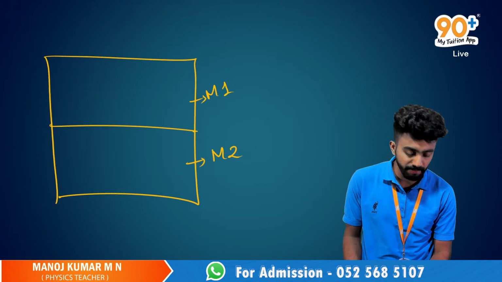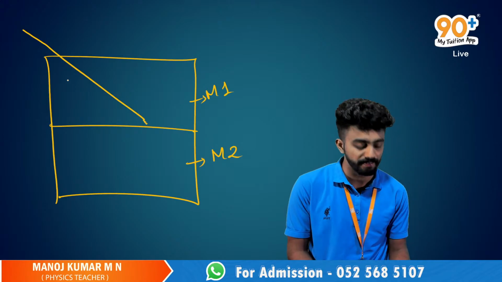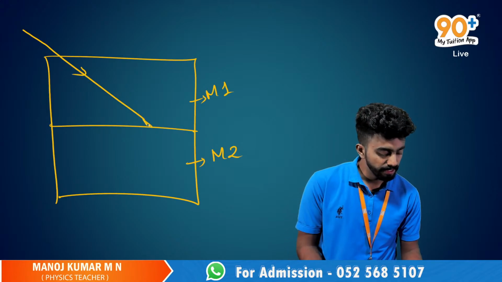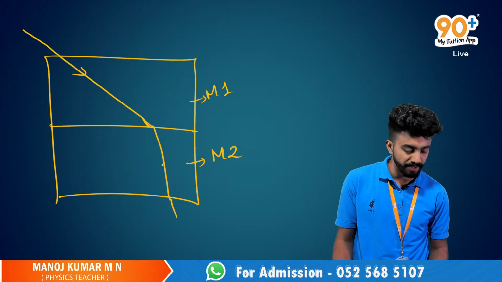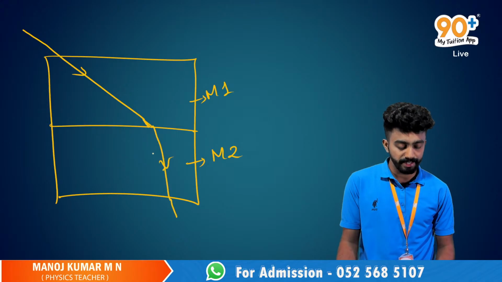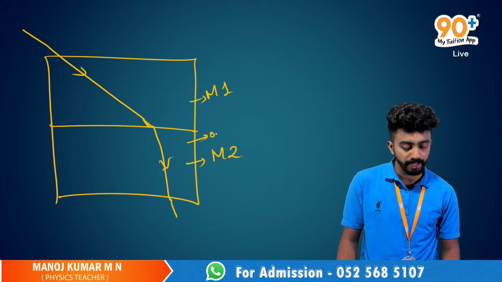So the speed of light will not be disturbed by any means, and it will be traveling easily. And at a particular point, it undergoes a particular deviation, because of the dense particles inside this. So this particular medium is optically denser.